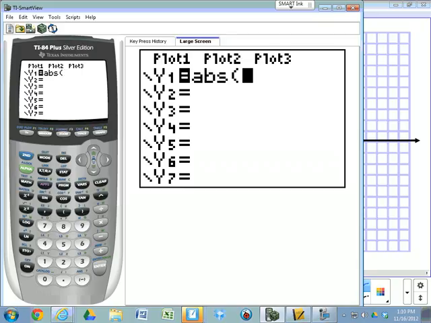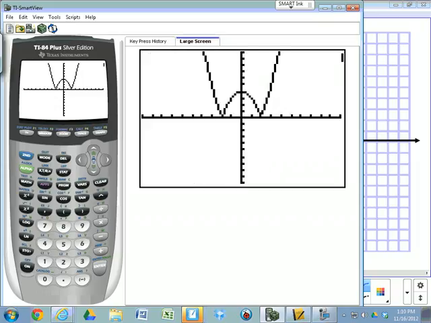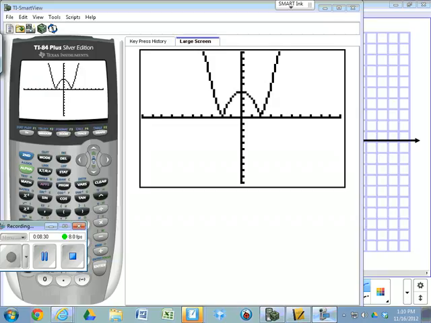Some of the newer ones actually put the bars in. Most of yours probably do. Anyway, now we put the inside, x squared minus 4. And when you graph it, you should see that W again. So zoom 6, standard window, there it is. It forces anything that was in the negative y region positive. That's what the ABS is, the absolute value.